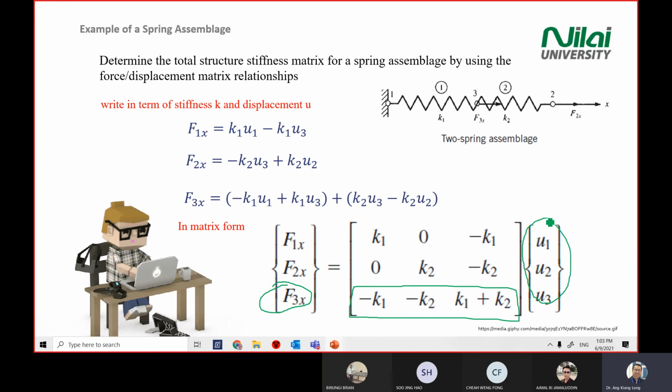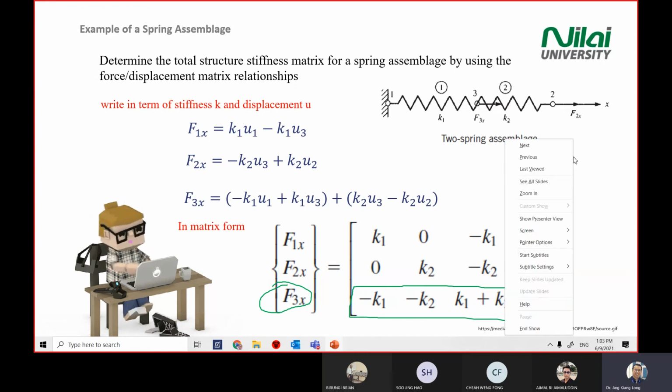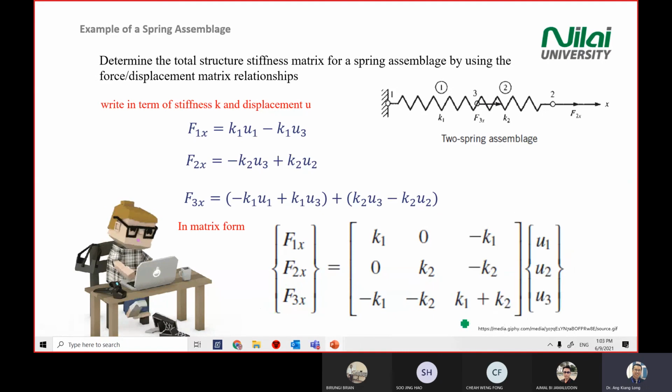Now, what is the area of mistakes done by the students previously? Is this one. They don't know how to combine this inside the matrix. So if you expand or simplify this equation, you will get the same for U3.